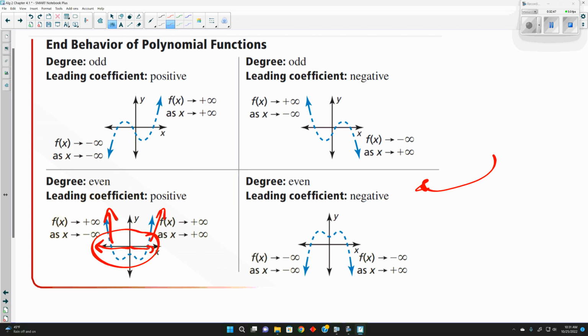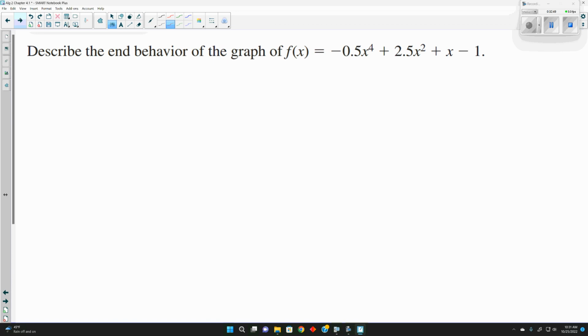Okay, let's go on and look at the first example of this here. So describing end behavior. What is the degree of this function here? 4, which is even.